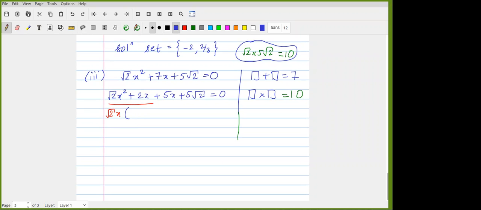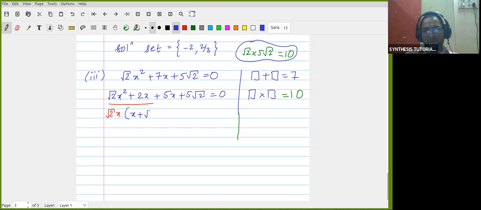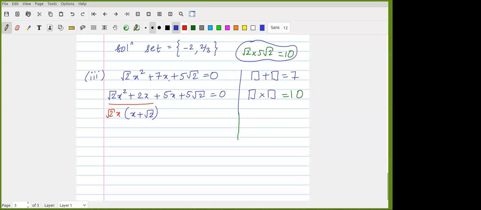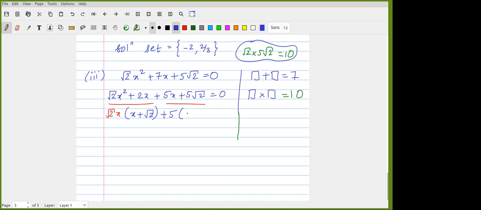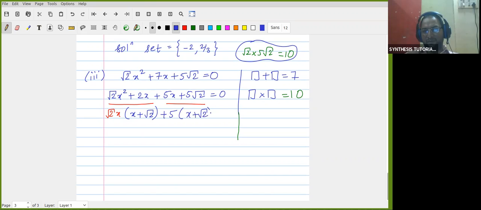So here we will have x plus root 2, right? Now from here, tell me what is common in both these terms. 5 is common, right? So we'll have again x plus root 2. So now we can say x plus root 2 is common in both the terms and we have root 2x plus 5, right?